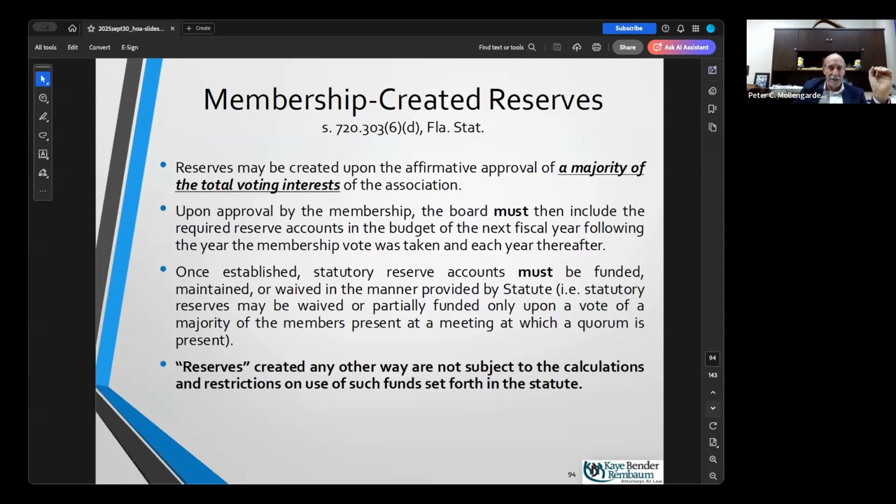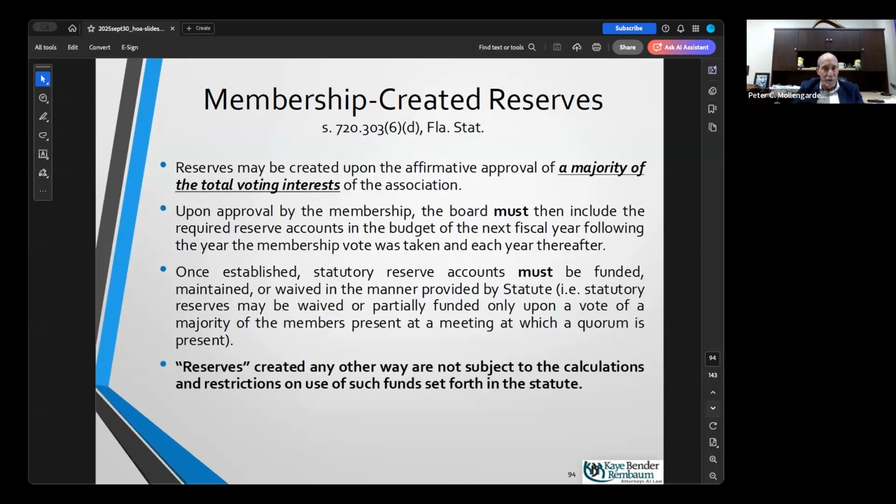But in an HOA context, generally speaking, the reserves are not what I would call statutory reserves, because for that to happen, they have to be approved by a majority of the total voting interest of your association. Quite frankly, I'm not aware of any of my clients that have statutory reserves. If they do, they haven't told me. If the membership approves creating and maintaining reserves, then the board must include the required reserve accounts in the budget in the next fiscal year, following the year in which the membership vote was taken, and each year thereafter.